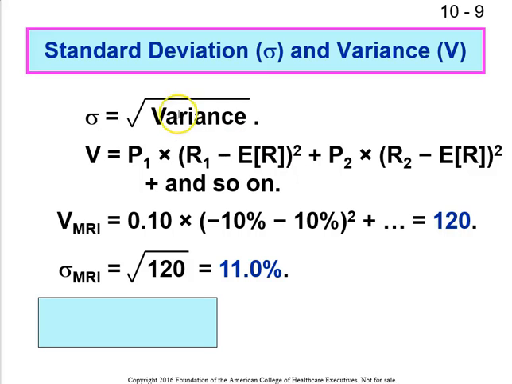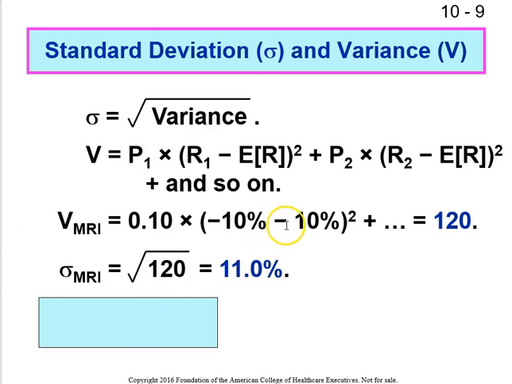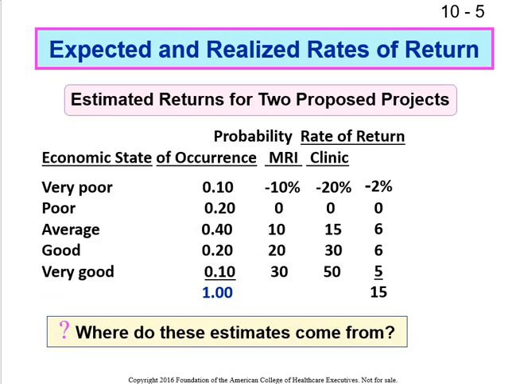Once you have variance, then you're just going to hit the square root button, and ta-da, you'll have your sigma, you'll have your standard deviation. So let's go back and look real quickly here. We've already calculated our expected rate of return, and you're simply going to take that expected rate of return minus, again, this was the example that we did in the lecture, so you can always go through that.